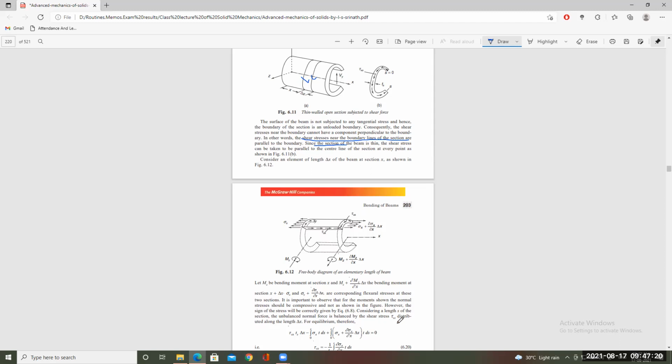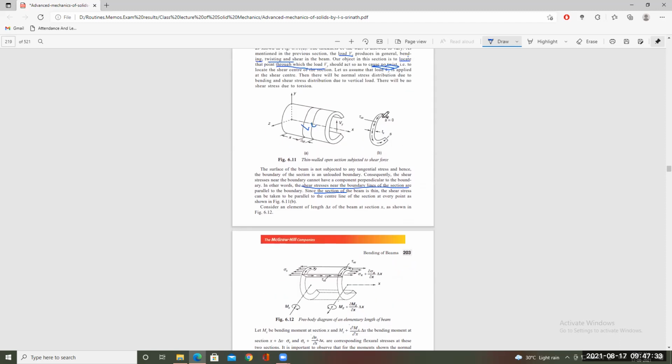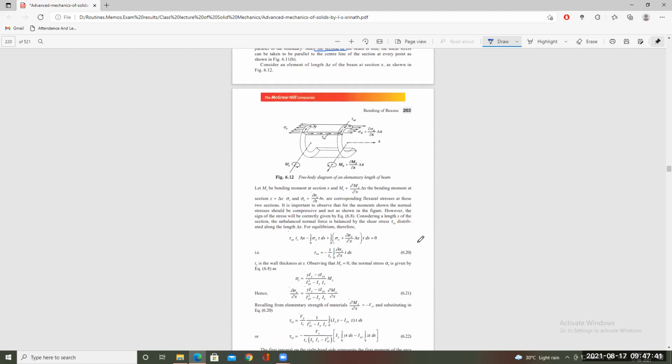It is balanced by the shear force, the shear stress tau sx. This is the length we have considered, and the additional force is balanced by the shear force tau xs created inside the surface of the beam, along the surface of the section itself.